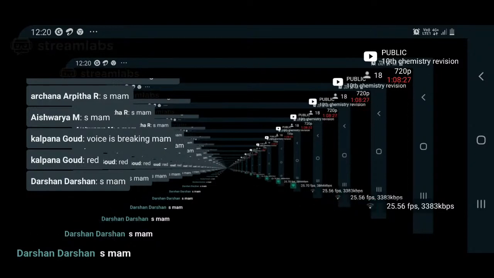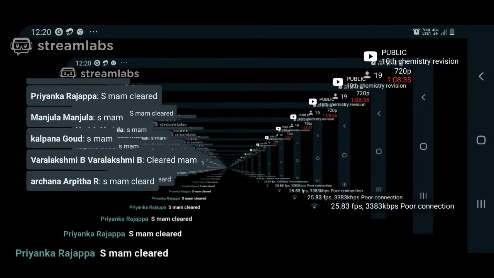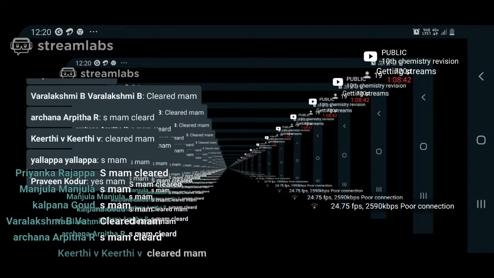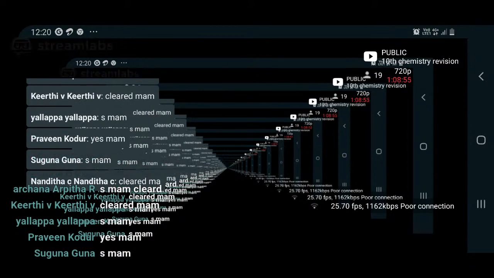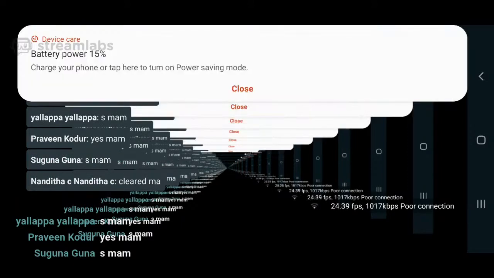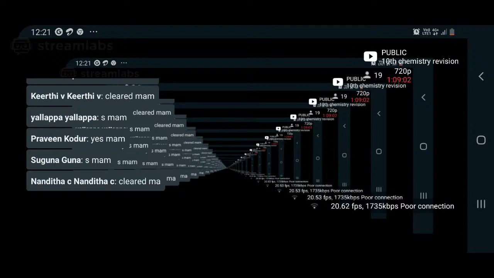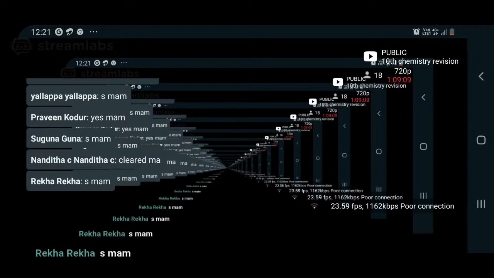Okay, next is addition reaction. Addition reaction is applied to convert oils into fats. Remember, an unsaturated hydrocarbon in the presence of a catalyst, palladium or nickel, forms a saturated hydrocarbon.